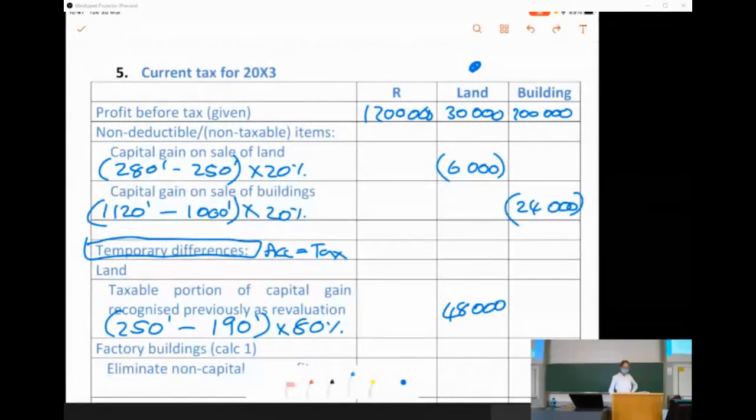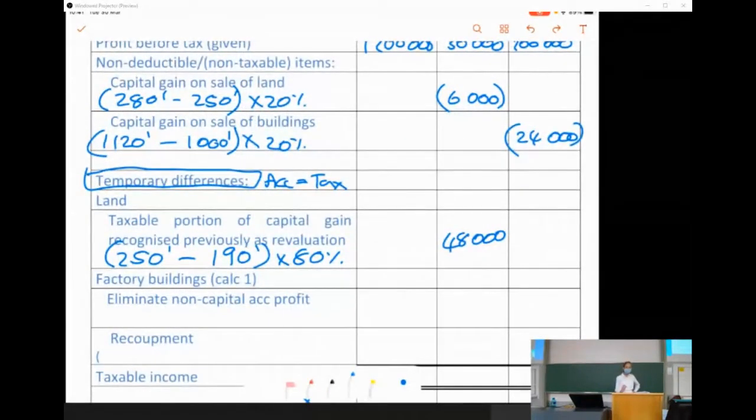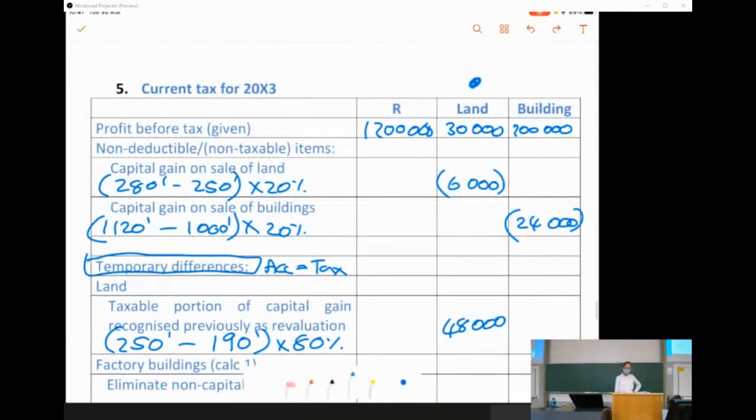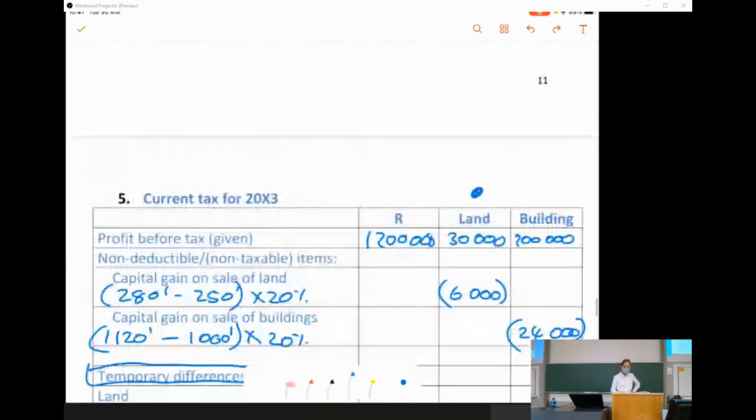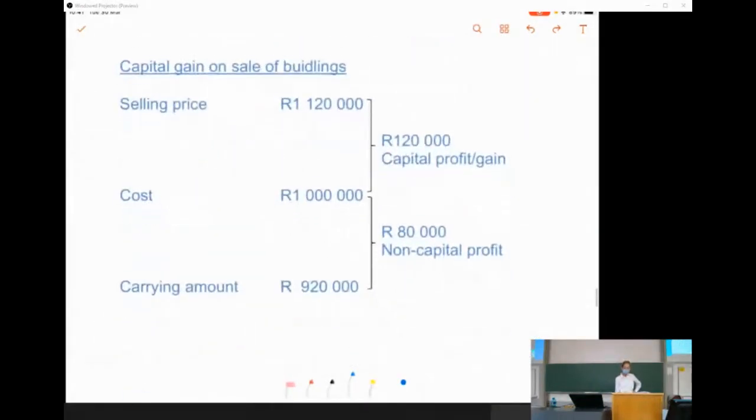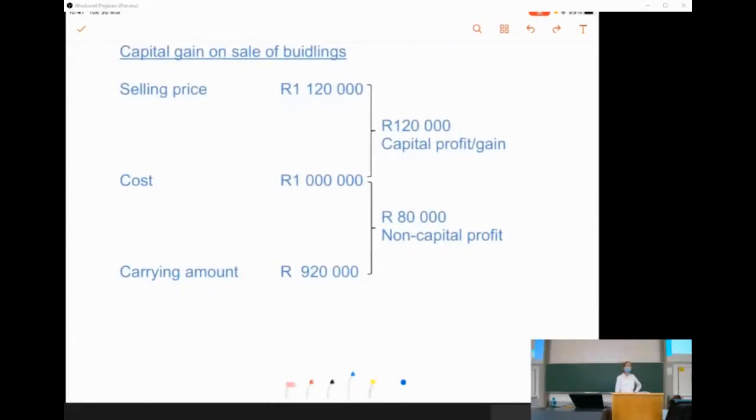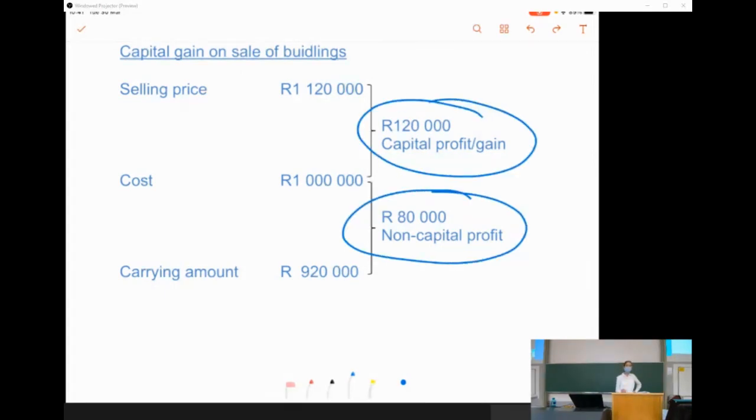And then for my factory buildings, I have to eliminate my non-capital accounting profit. We have already dealt with our capital gains portion of the sale of buildings. Now we have to eliminate the rest of my accounting profit. Remember, for buildings, this full 200,000 was included in my accounting profit.